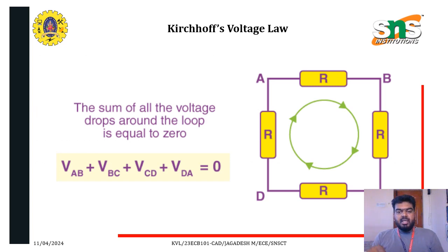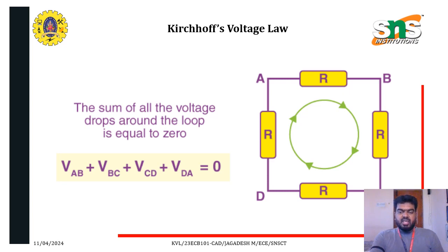So look at the diagram. In this diagram, there are four corners: A, B, C, D. The sum of all the voltage drops around the loop is equal to zero according to the statement. Between A and B there is one resistor, and between B and C there is another resistor.